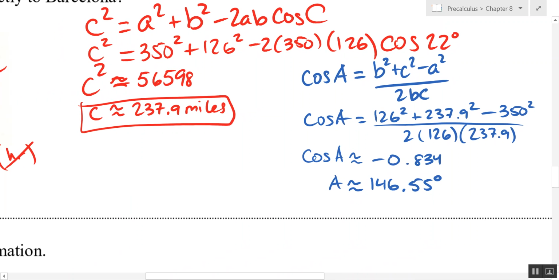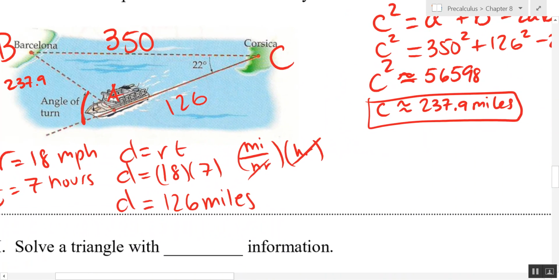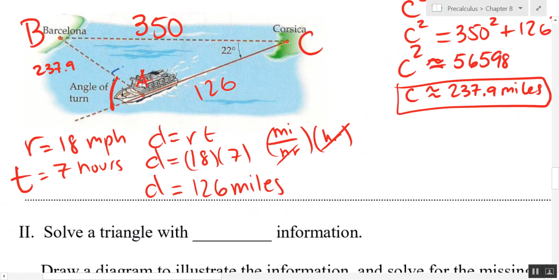Now, notice that we've solved for angle A. That's not what the question asks us to solve for. We have found the angle that's on the inside, not the angle of the turn. So this is a supplement of the angle that we want. We know that these two have to add up to be 180 degrees.